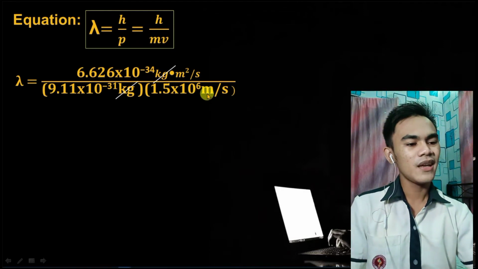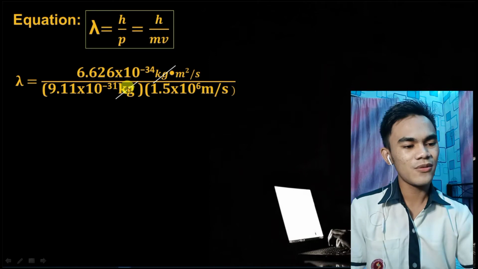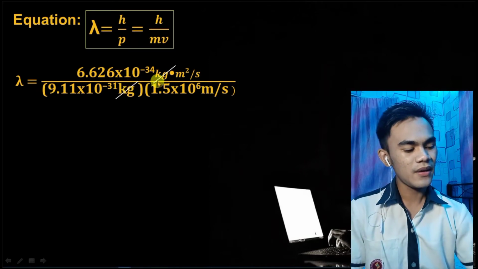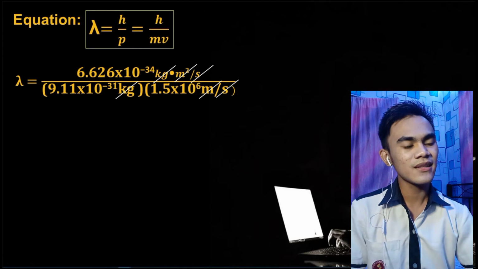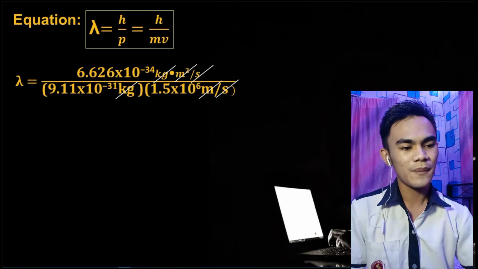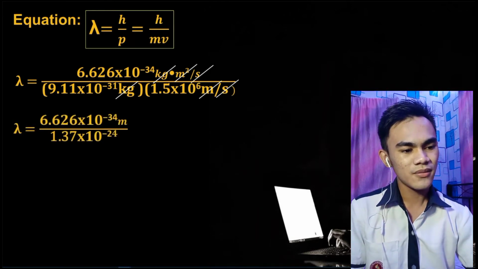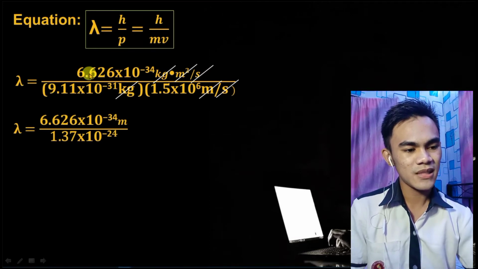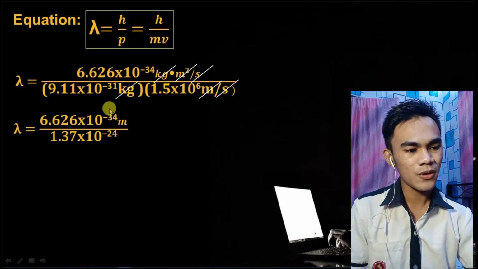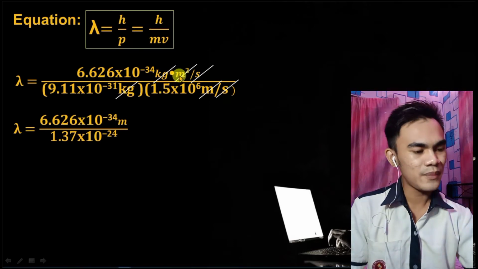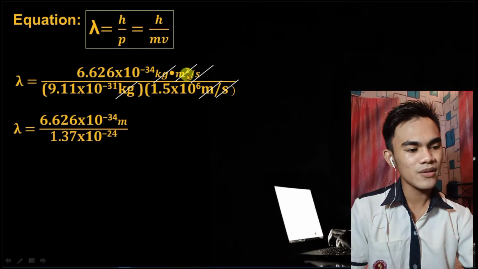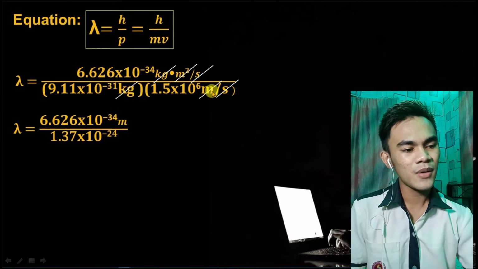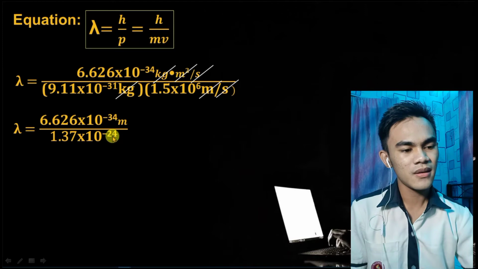We cancel out the same units: kilogram and kilogram, seconds and seconds, so we have meters remaining. Just copy 6.626 times 10 raised to the power of negative 34 meter, because the meter here is squared, so cancel out the other meter, and one meter remains.